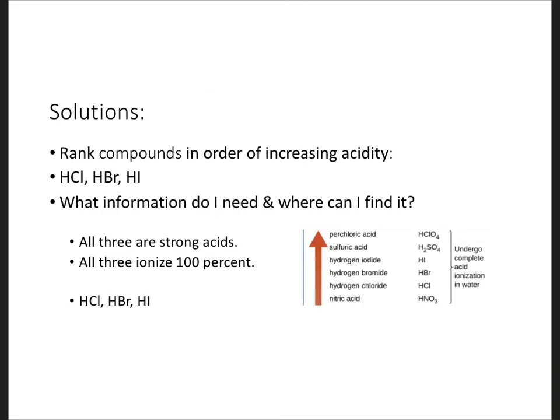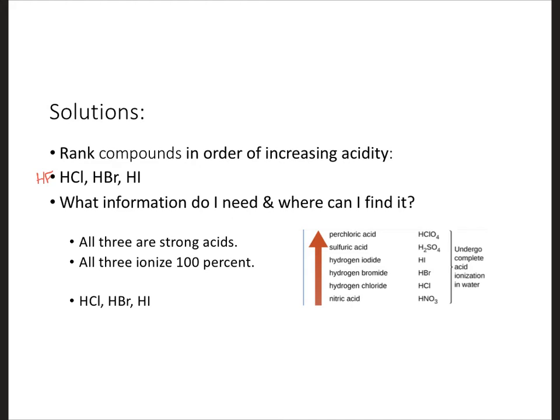So if we want to rank compounds in order of increasing acidity, so the least acidic to the most acidic, we can consider the binary acids. If we think about this trend, what do we have? We have HF at the top of the periodic table. As you move down the halogen column, you hit HCl, HBr, HI.